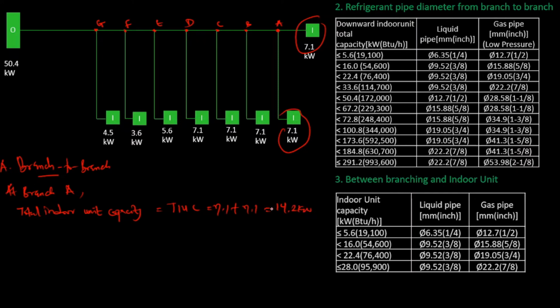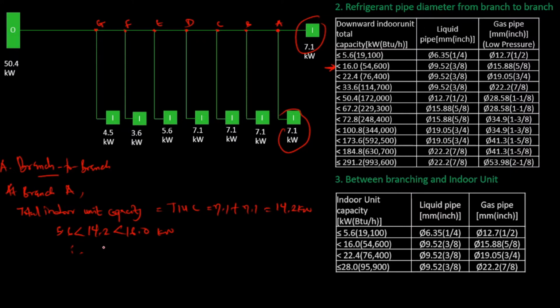All right, now 14.2 kilowatts, if we go to table 2, we'll see that 14.2 kilowatts is between 5.6 kilowatts and 16 kilowatts. So we're going to use this row. So 5.6 is less than 14.2, which is also less than 16.0 kilowatts.